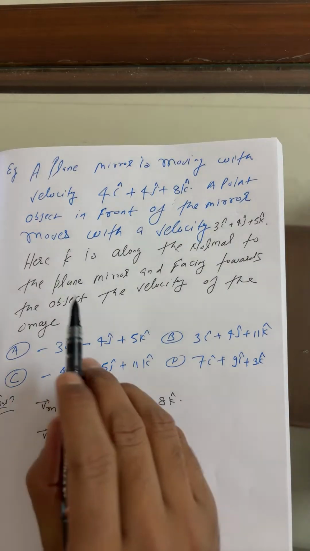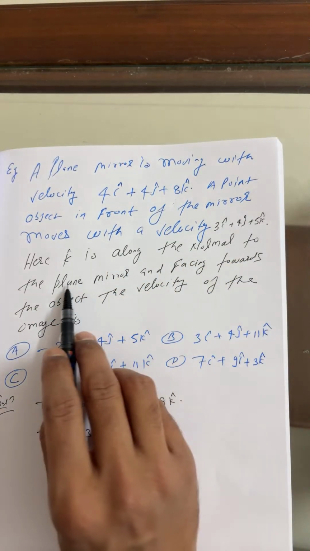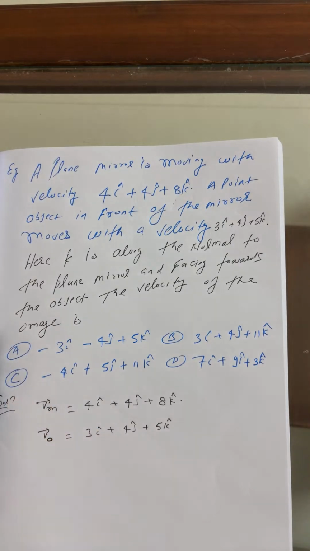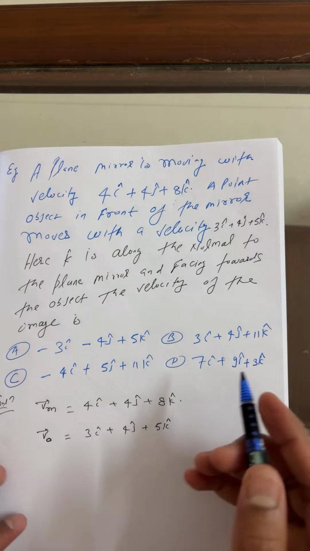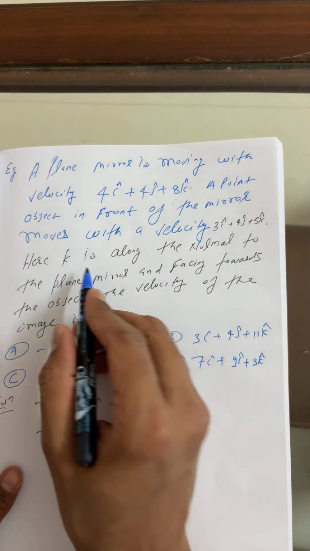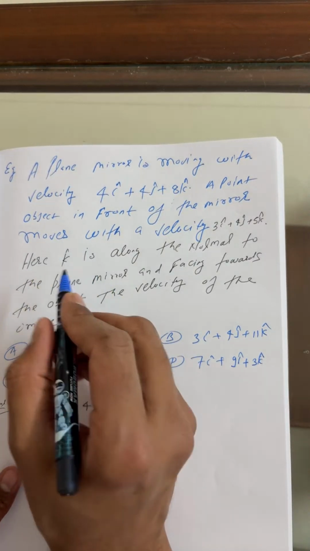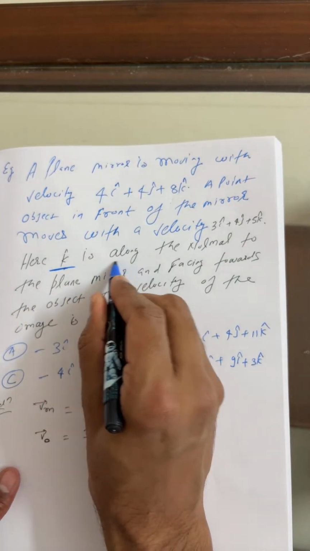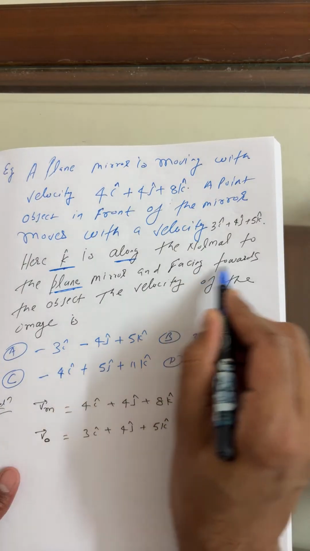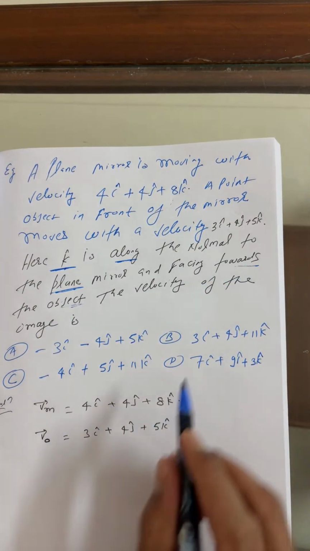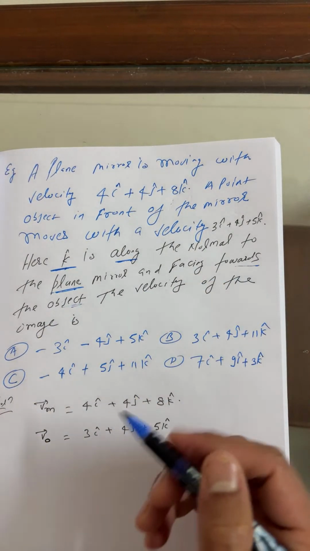Now here k is along the normal to the plane mirror, and facing towards the object. This point is useful. The velocity of the image we need to find.